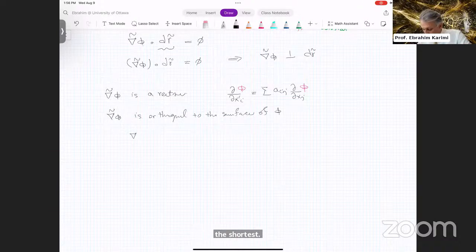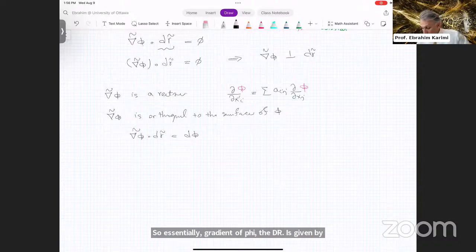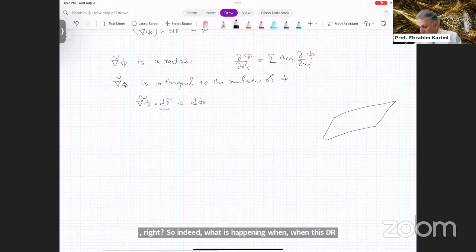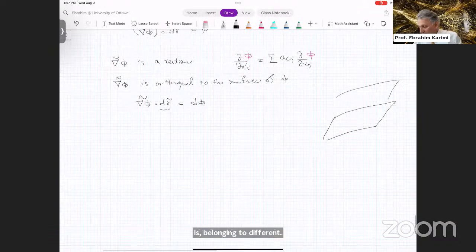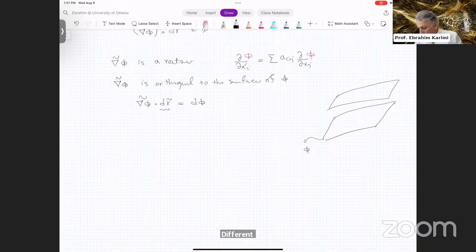So essentially, gradient of phi dot dr is given by d phi, right? So what is happening when this dr is belonging to different phis. Here phi is equal to C1, and this one is phi equal to C2.